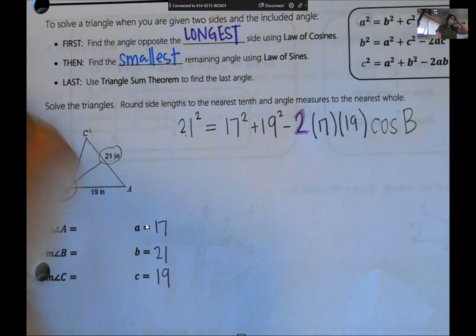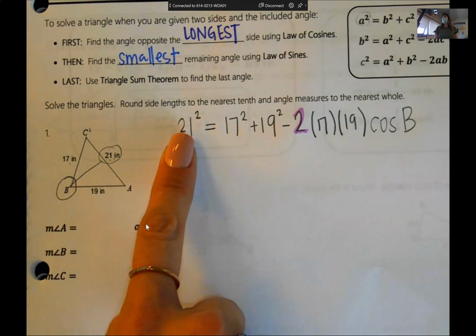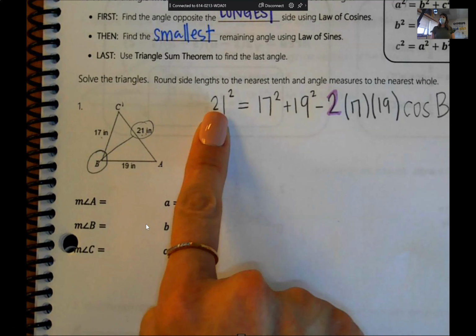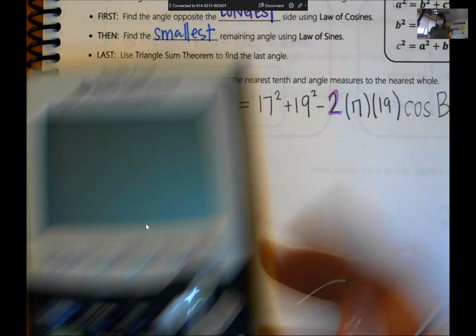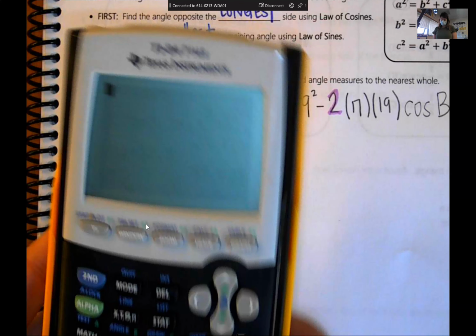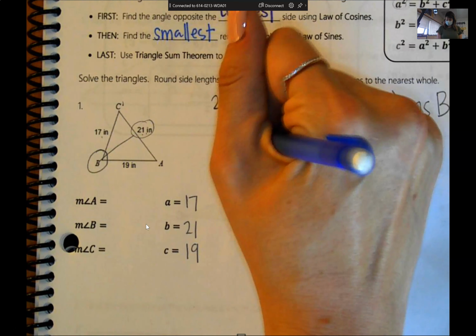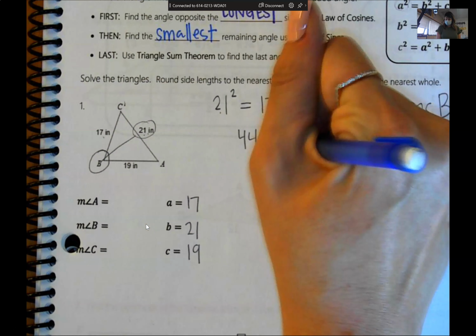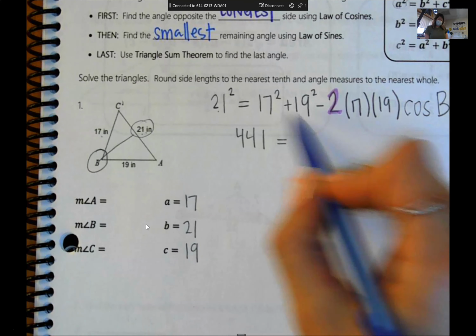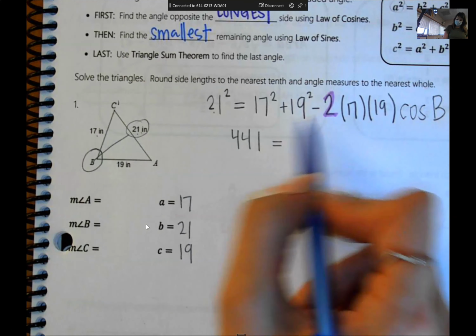Our next step is to square these numbers. So we're going to simplify all of these numbers. So I'm going to change 21 squared into 441. Then I'm going to add these two squared.